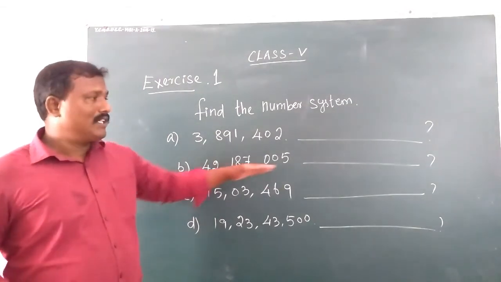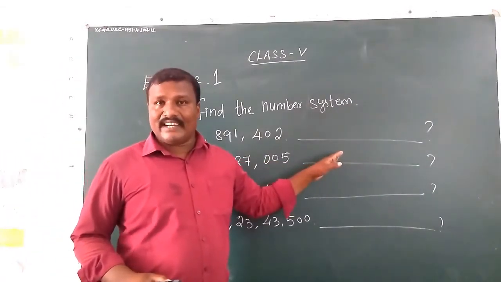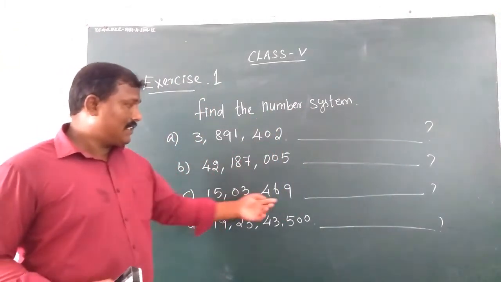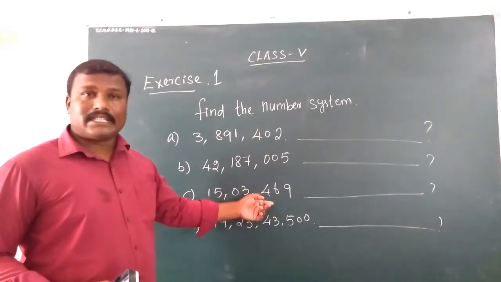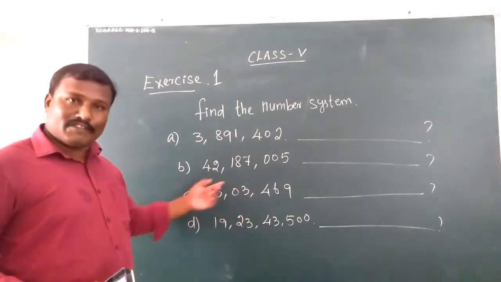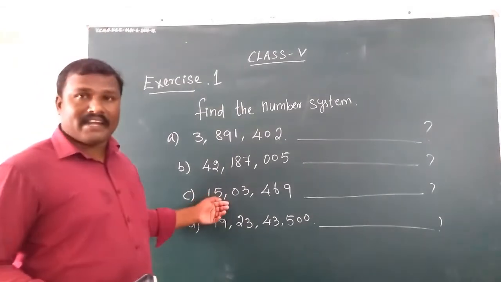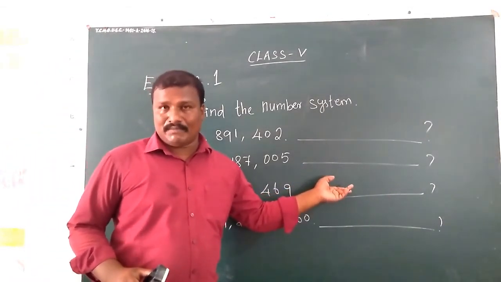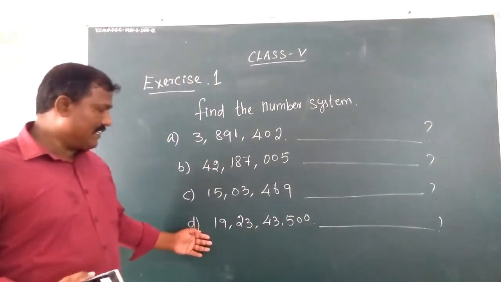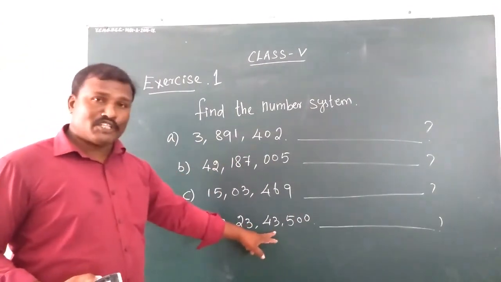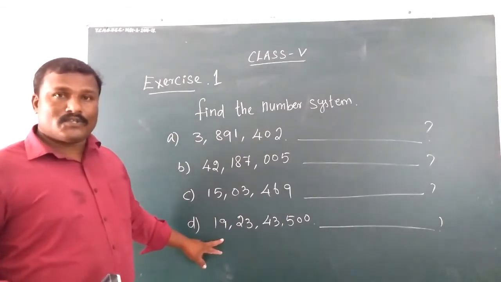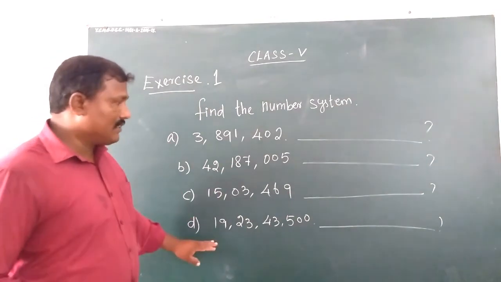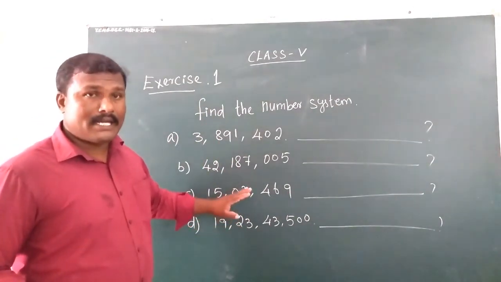Is this Indian or international? Write your answer. Then see, first 3 digits comma, then after 2 digits, then after 2 digits, so the given period. Is this Indian or international? Then D: first 3, then after 2, after 2, after 2. So find the number system, write the answer and send it to me on WhatsApp.